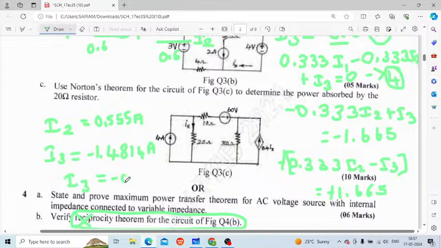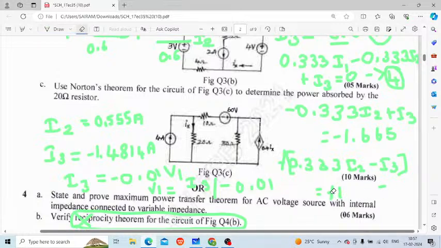I3 is equal to minus 0.01 V1, or your V1 is equal to I3 divided by minus 0.01. So you have to divide minus 1.4814 by minus 0.01. Students, you are going to get it as 148.14.